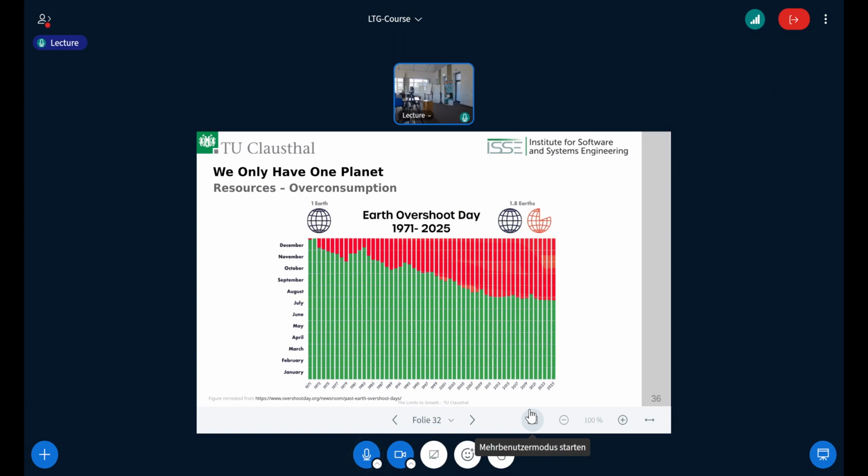This figure is quite famous. It's the so-called Earth Overshoot Day. The idea is that the planet has a set of resources, some of them even regenerating. For example, trees grow. If you harvest less timber, then the forest regenerates over time. If you cut down more forest than can grow back, then you're losing forest.